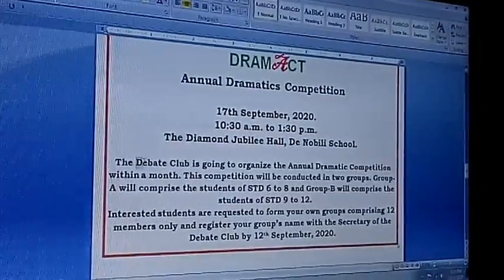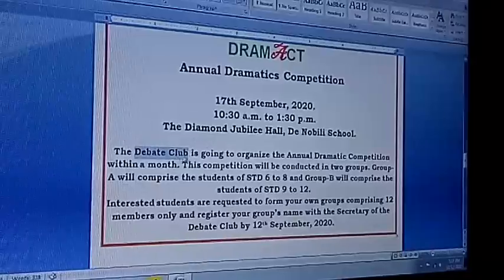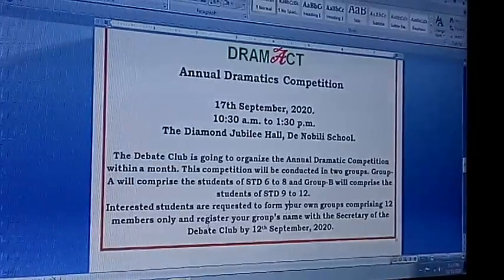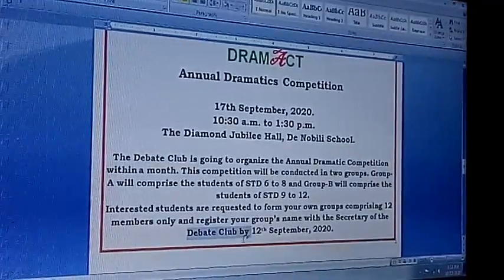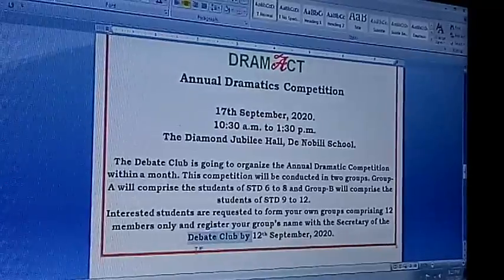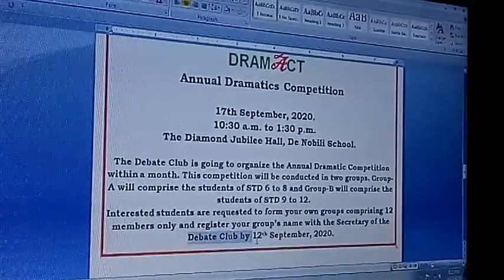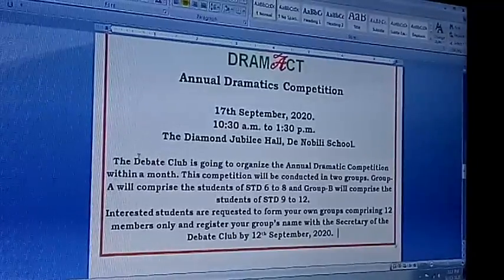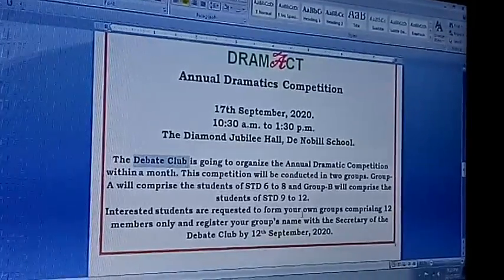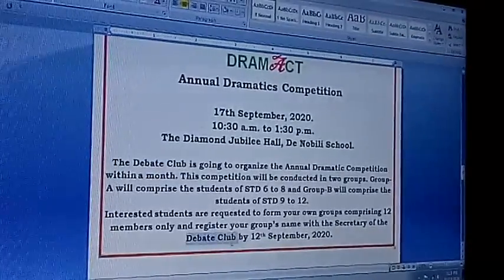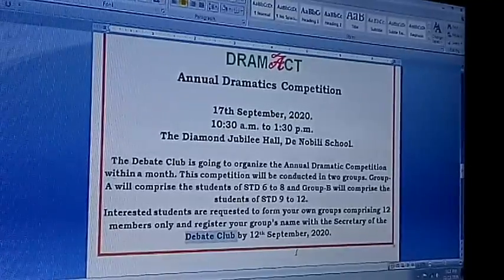Remember, it is the debate club. Some children start with the debate club, but then at the end give their names to the secretary of the Dosti club. We have seen this mistake in the exam. They don't even notice which club is organizing. The debate club is organizing, so obviously at the end it is the secretary of the debate club.